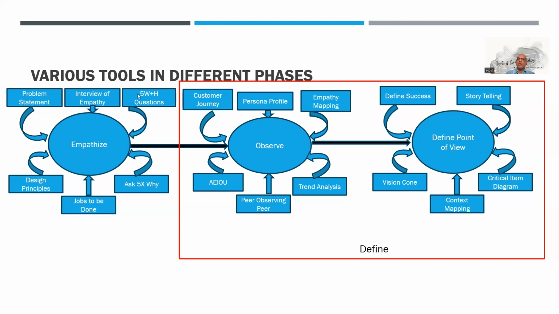Then there is 5W and H, to drill down into the requirement to know what actually the issue is or what different types of issues there are. Then 5 Whys, asking why 5 times on a particular question: why it happened, why it occurred, why it happened again. So why 5 times.